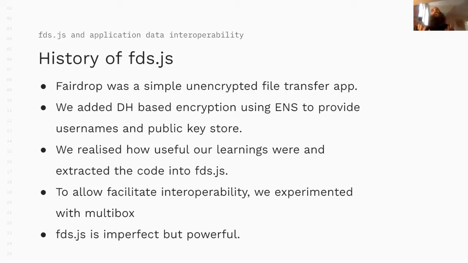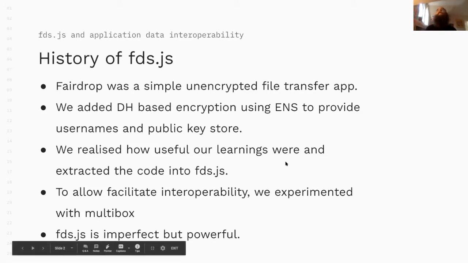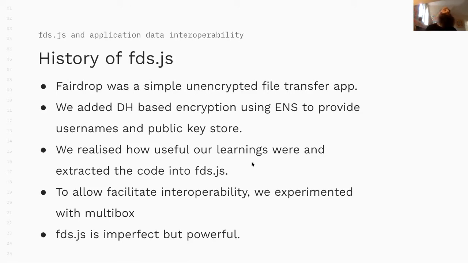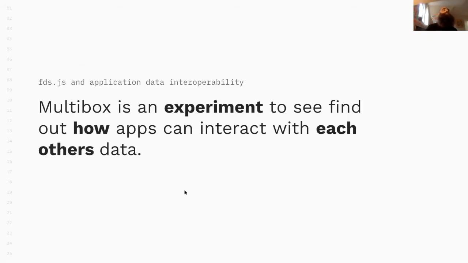So we kind of accidentally came across the interoperability and then built it into this extra library we're experimenting with called Multibox. FDS.js was an R&D process when we were building it. It wasn't perfectly formed, but it was very powerful and still is.